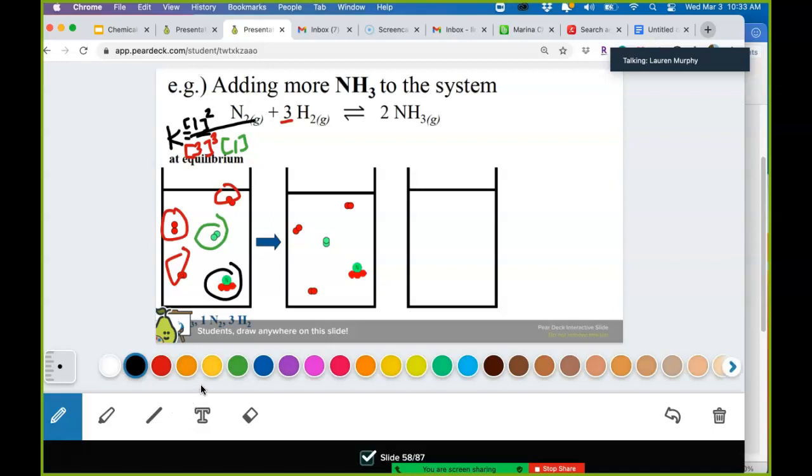So 1 divided by 27, I think I still have it in my calculator. So this guy's equilibrium value is 0.037. Well, that's very small. Small K means we favor the reactants. Look how many more reactants are in here at equilibrium than there are of products.